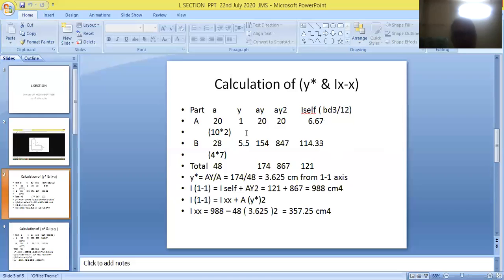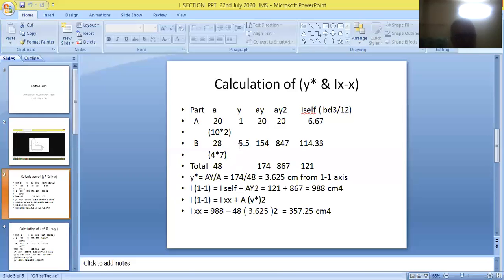Now friends, finally, selection of Y values. The first component is lying with its base on the 1 axis. So the depth of the first component is 2 centimeter. Taking 50% of that value, it comes to 1 centimeter.